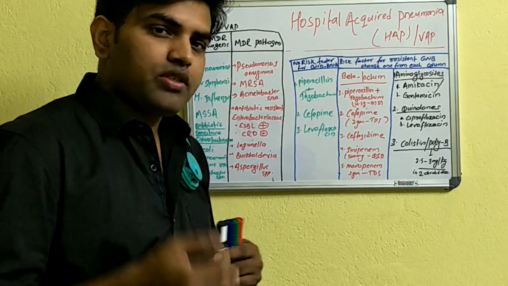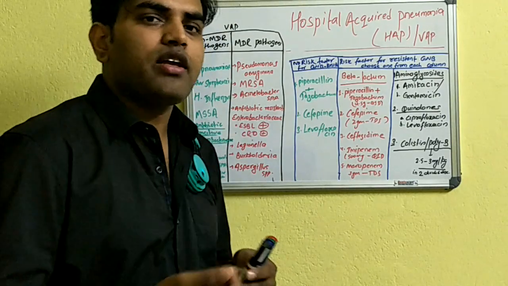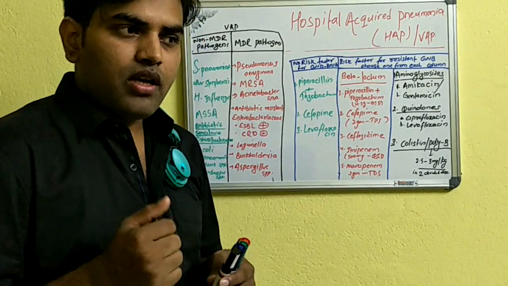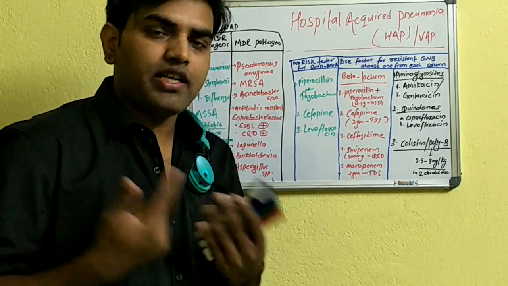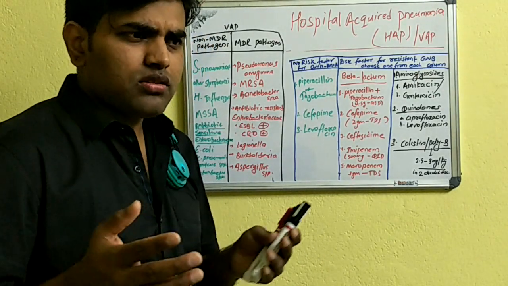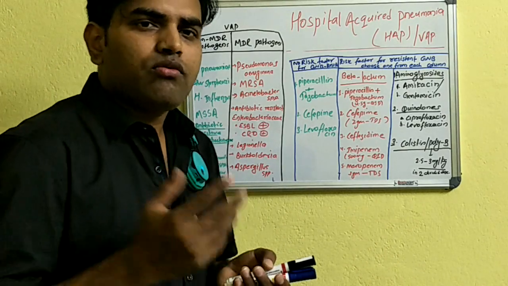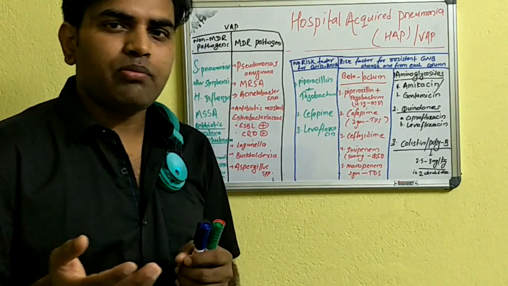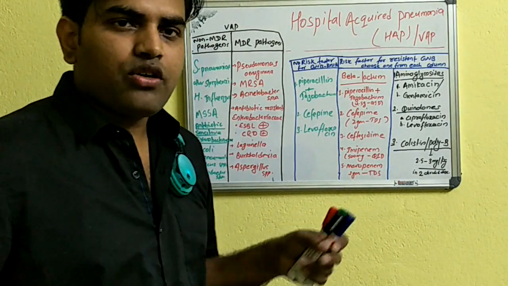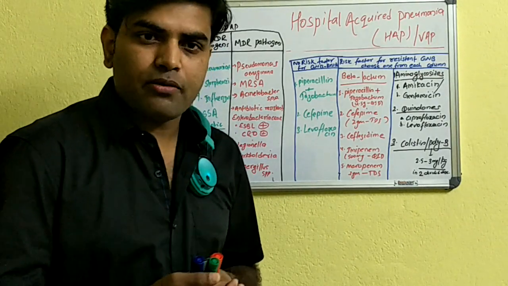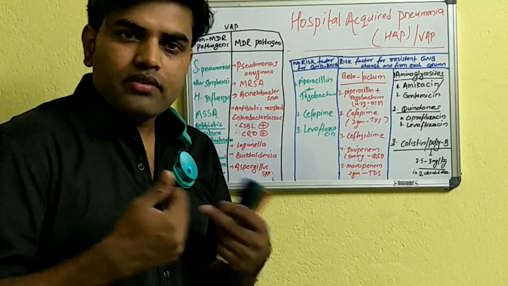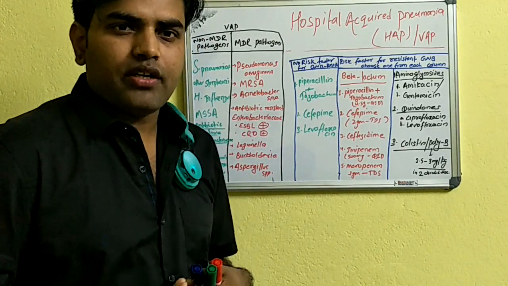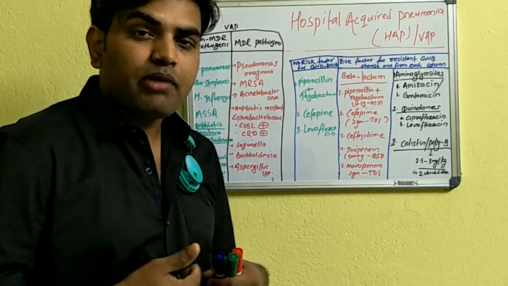If a person is on pantoprazole or any proton pump inhibitor and gets aspirated, there is a chance of polymicrobial aspiration, but this is almost 5 in 100. Most patients will not come to you taking chronic proton pump inhibitors, so their gastric content pH is 2. No organism is growing here, so the content is mainly sterile.